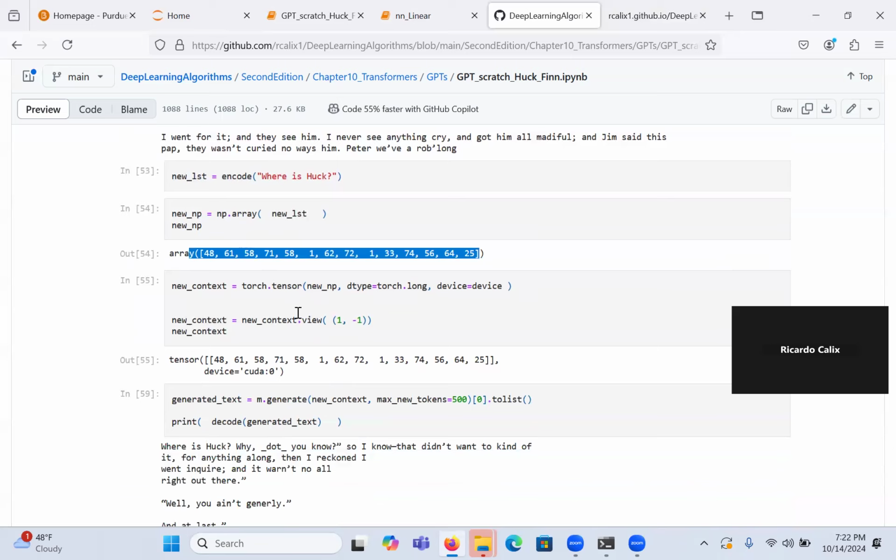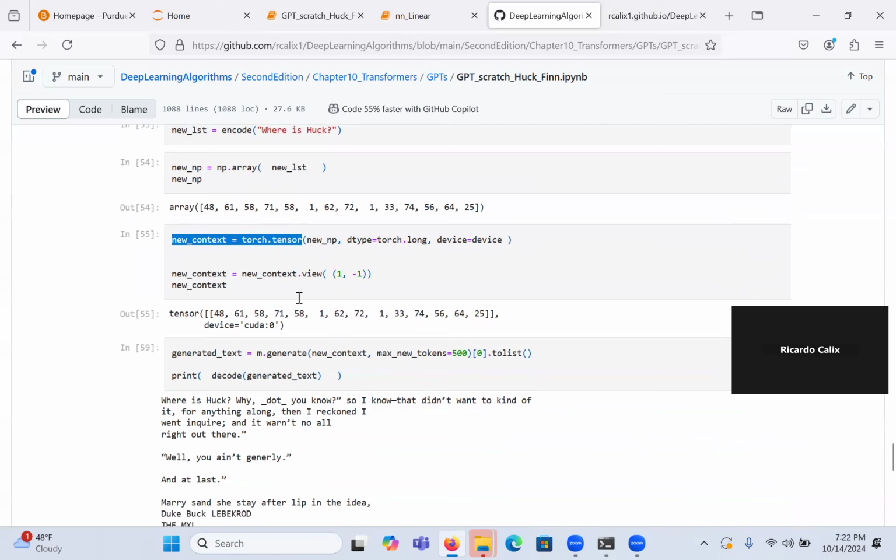GPTs don't accept NumPy arrays, so it needs to be a torch tensor. So new NP goes in here, torch long, device, to make the new context into a torch tensor. Then this step is creating a batch of one, because the data likes batches. So it becomes a 1 by however many items there are.